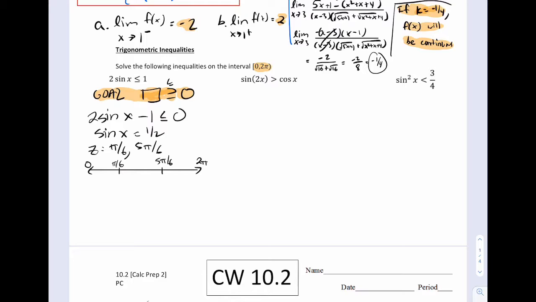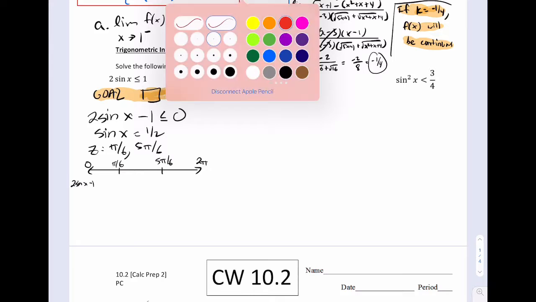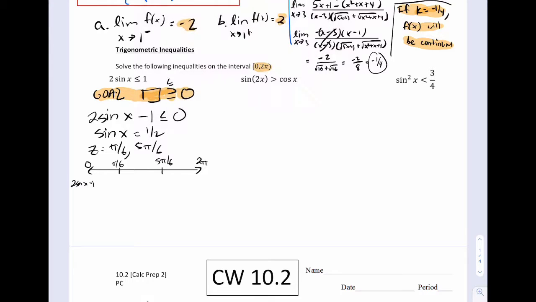And we got to figure out where this is positive or negative. Now, luckily, the piece we have is just 2 sine x minus 1, I'll put that over there. And all we got to do is plug in numbers to figure out is it positive or negative. For example, for this interval right here, an easy number to plug in would be pi.